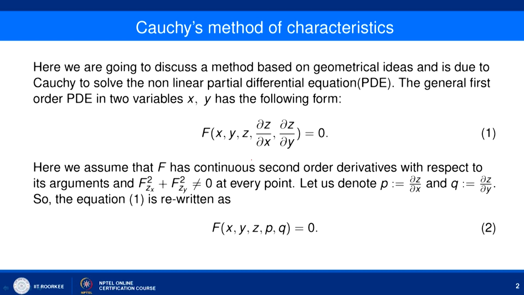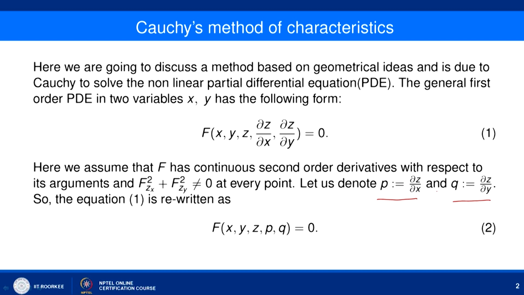The idea behind this is that equation number 1 is not independent of z_x and z_y. So, in fact we can always solve this f(x, y, z, ∂z/∂x, ∂z/∂y) either in terms of z_x if f_zx is non-zero, or in terms of z_y if f_zy is non-zero. For simplicity, let us denote p equal to ∂z/∂x and q equal to ∂z/∂y.